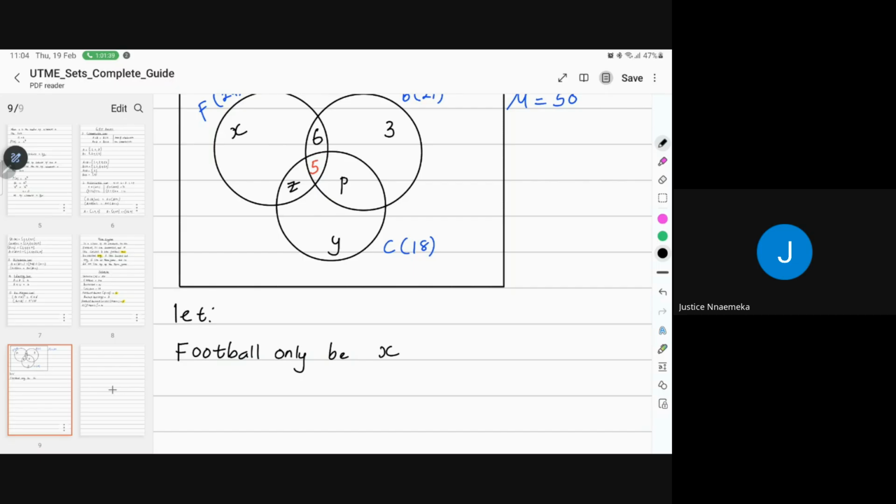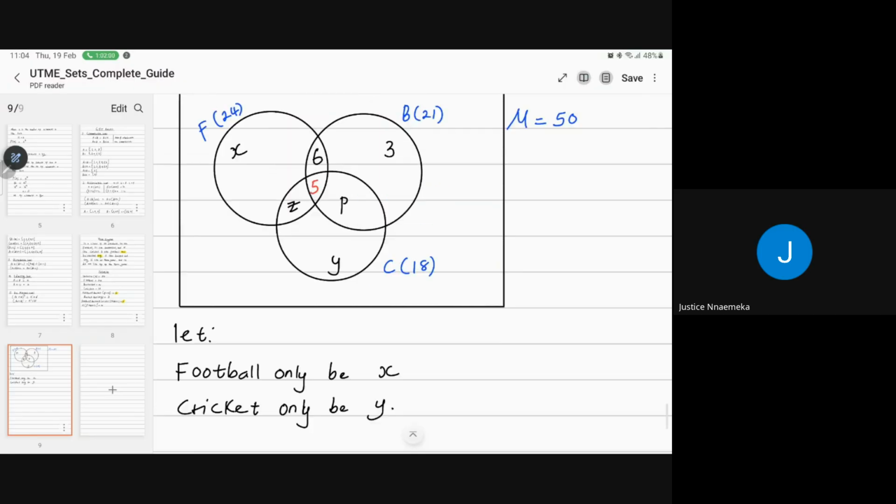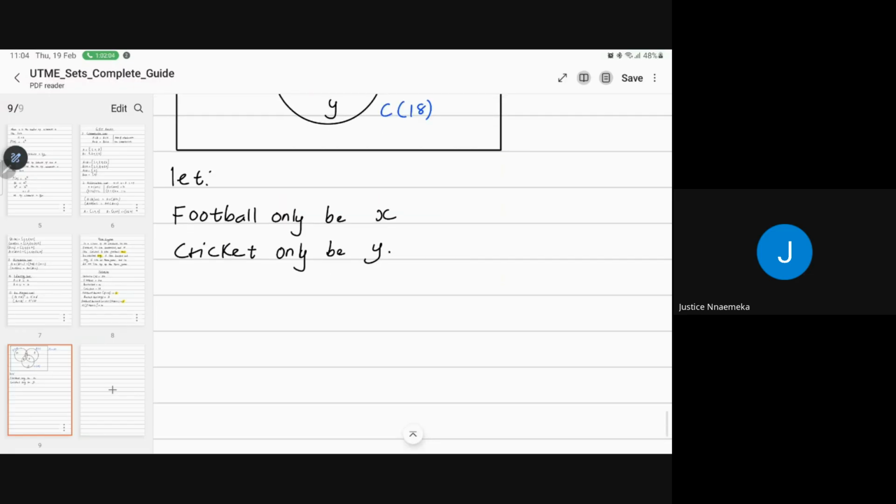Now cricket only is going to be Y. Justice, are you following? Emmanuel, are you following? So cricket only, good. Let it be Y. Now the next one I have only here, I've accommodated for football only. I've given for cricket. Then the next one is what? Football and cricket be Z.